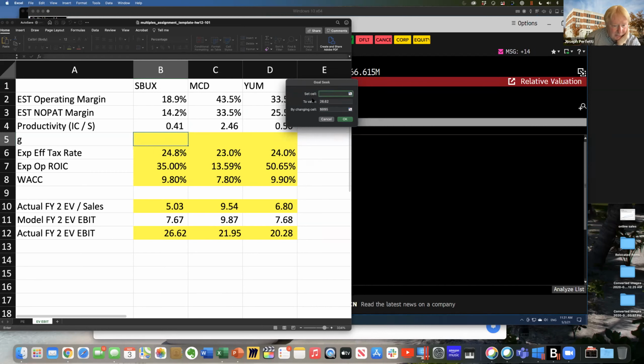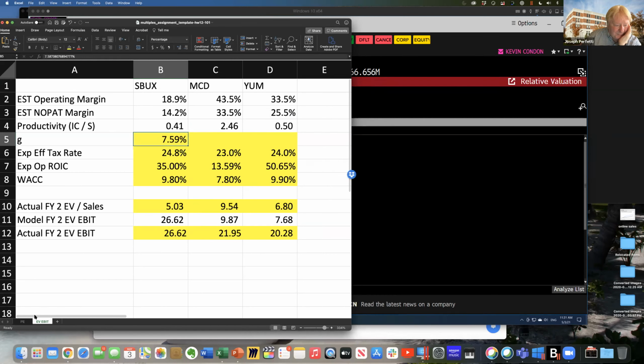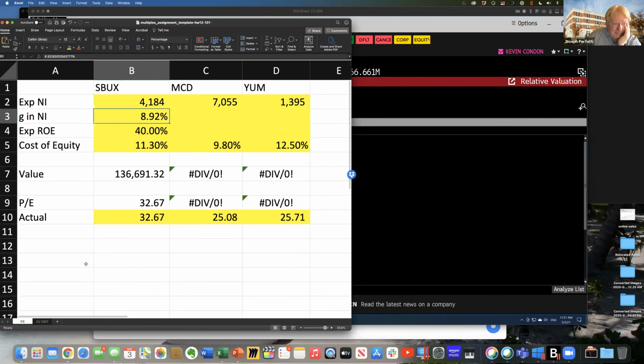So, about 7.6% G for Starbucks on the EV to EBIT, and about a 9% G, 8.92, on the PE. Which, if you had a negative cost of equity, you would have gotten a really weird growth rate in order to make it match. You probably would have had to have a negative growth.